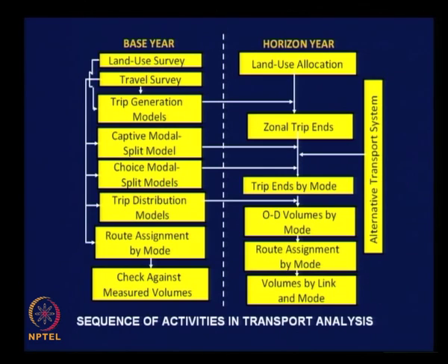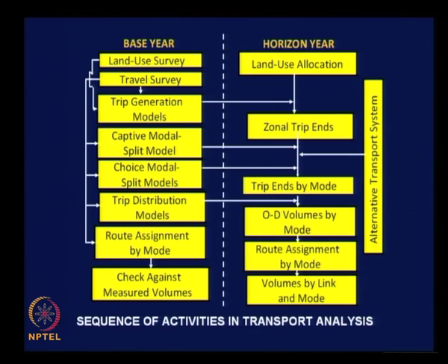Let us just have a look at the master flow chart that we refer frequently, and you can see on the left hand side we have completed discussion on the subject matter related to all the boxes except the first 2 boxes, land use survey and travel survey.